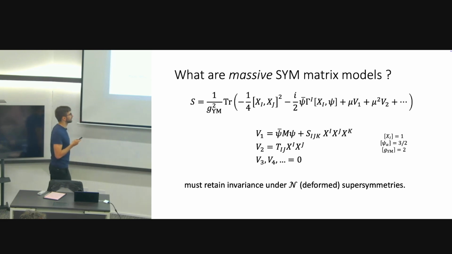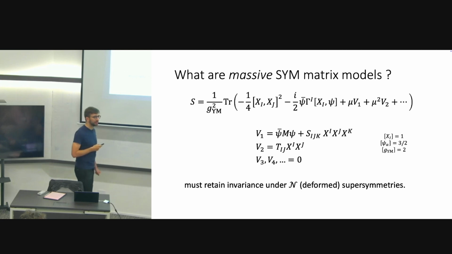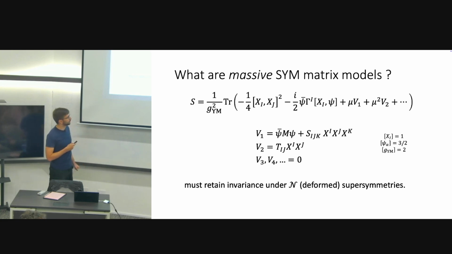In these units, V1 has dimension 3, and psi has dimension 3 halves. So the way to build dimension 3 operators is either by considering 2 fermions or 3 bosons. That's what I mean by V1.